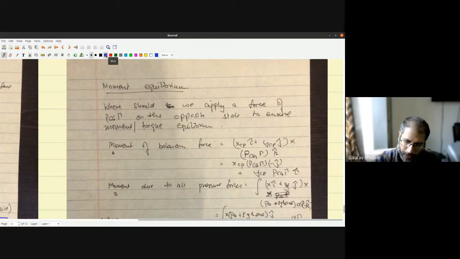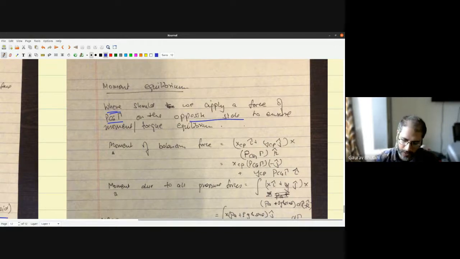The question is, where should we apply a force of Pcg times gamma on the opposite side to ensure that the net moment, or the net torque, is 0, or there's a moment equilibrium. Again, it's straightforward. You say let us apply it at a distance d, and then you balance things and figure out the value of the distance d.